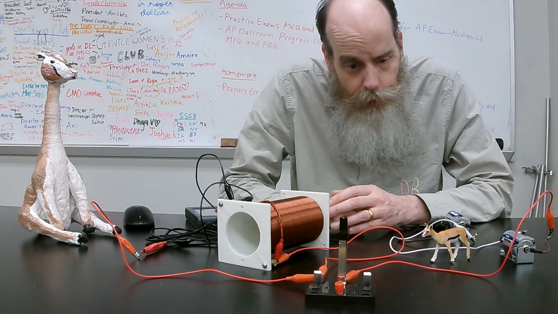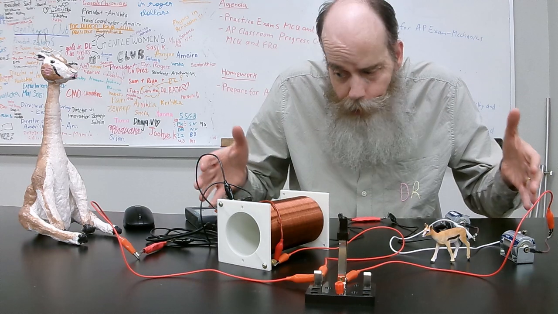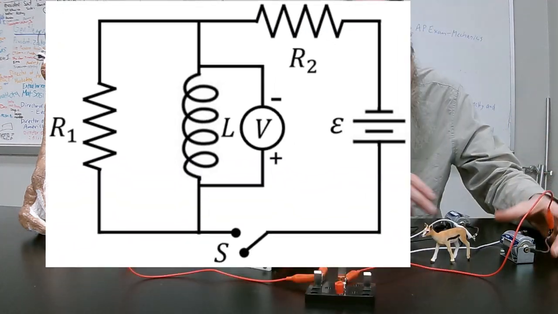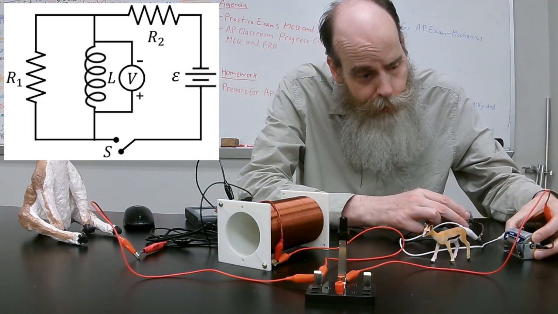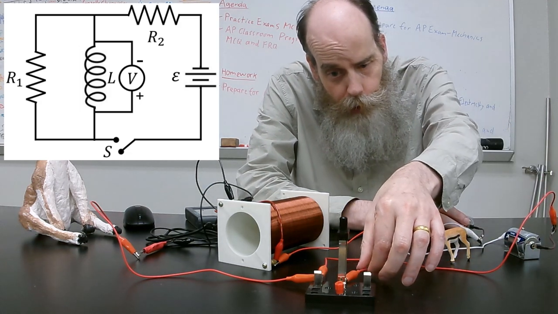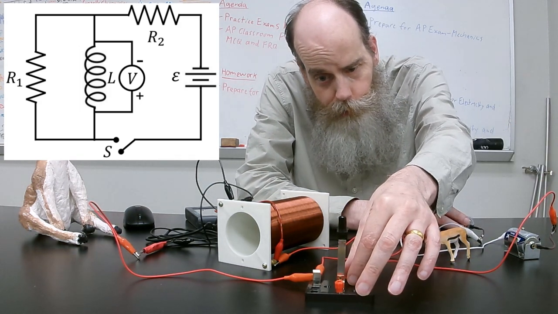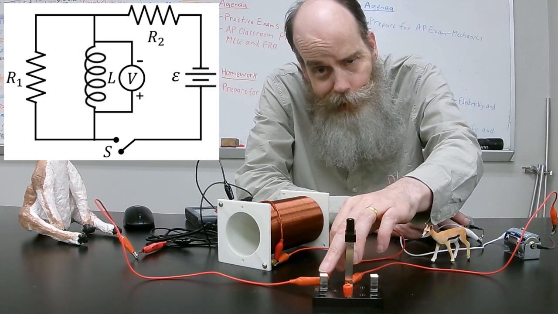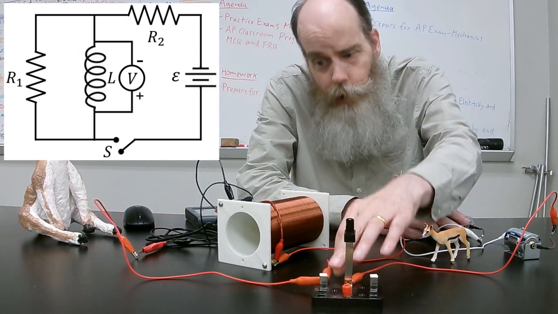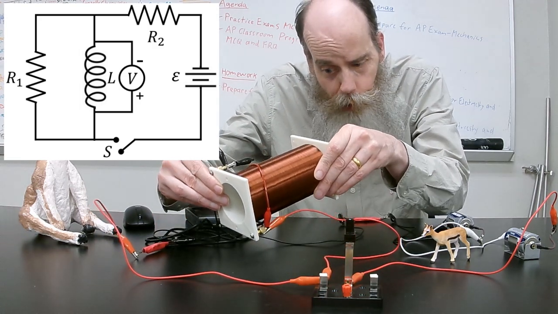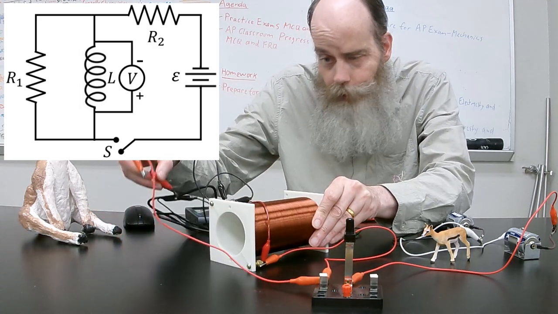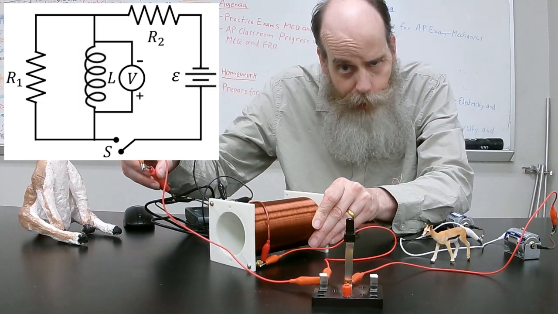This afternoon, the three of us created the circuit shown here. We have two D-cell batteries connected in series. The positive end is connected to a switch. The other end of the switch is connected to a parallel combination of a solenoid, which is the inductor for our circuit, and a resistor, which I call resistor R1.